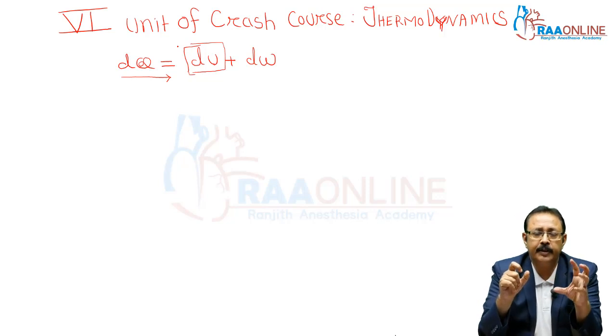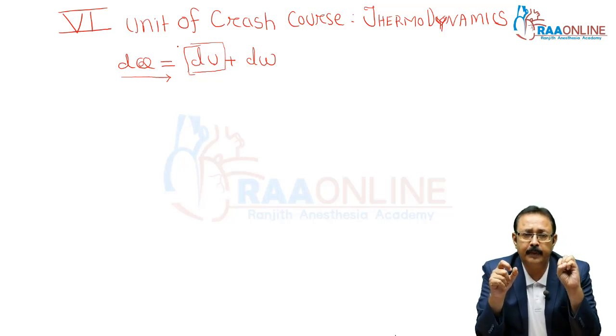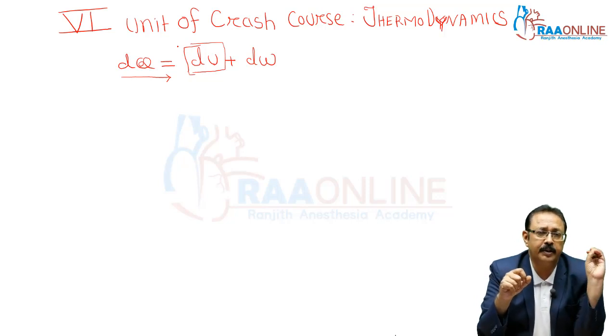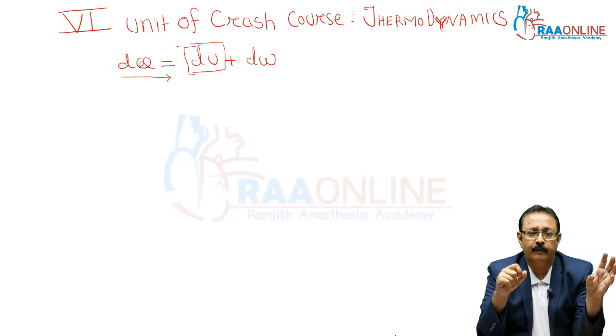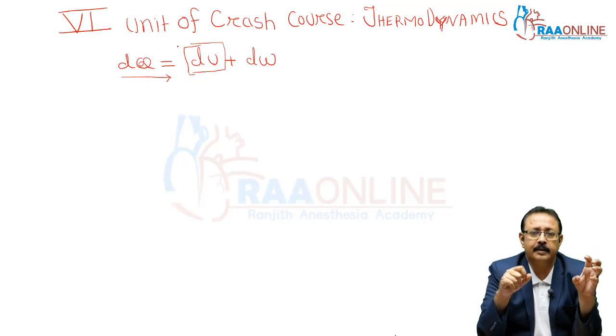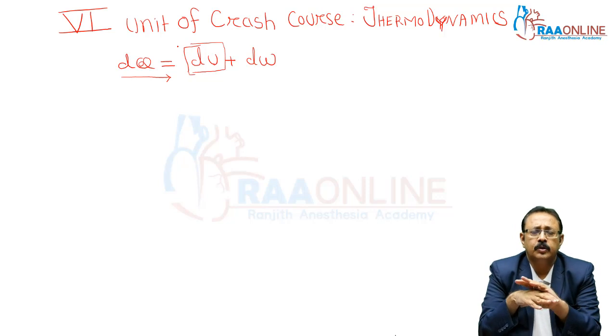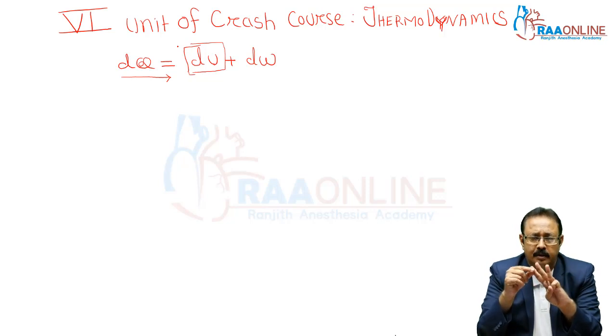You are taking heat from the low temperature reservoir and sending it to the high temperature reservoir with the help of external energy, which is electrical energy. So there were three laws related to thermodynamics: zeroth law, first law and second law. Only the first law of thermodynamics is mathematical.